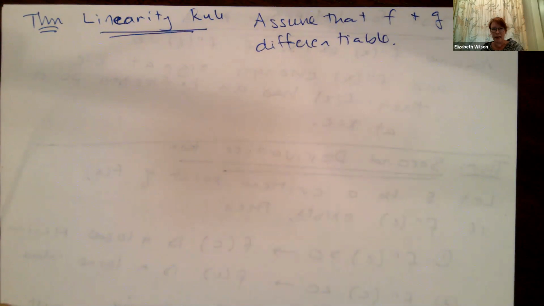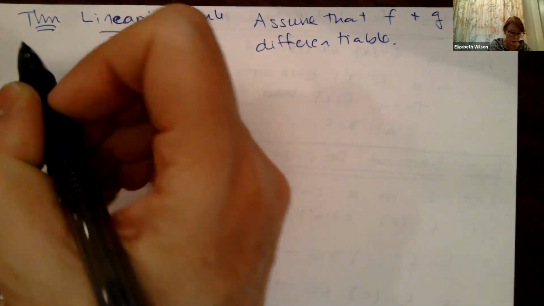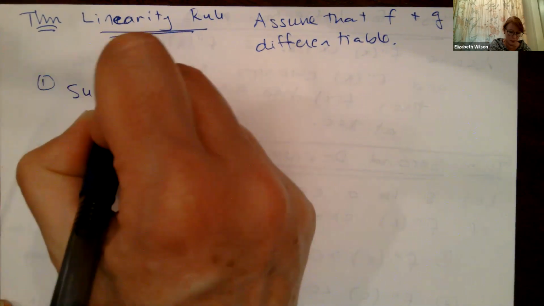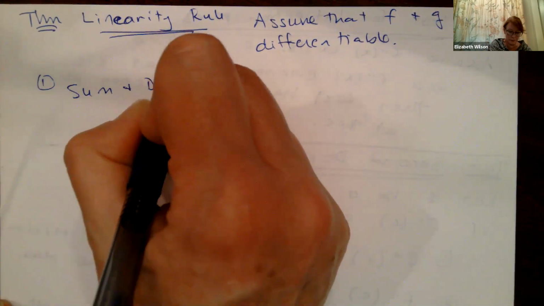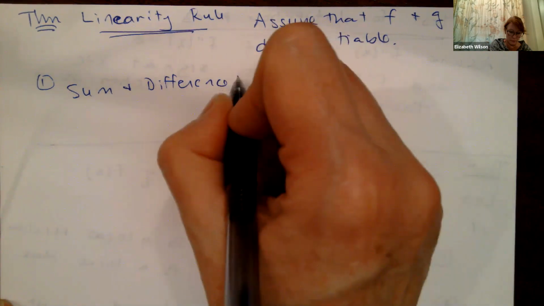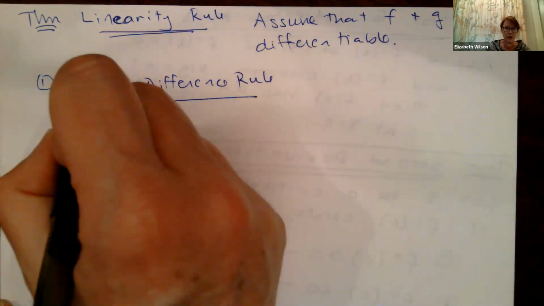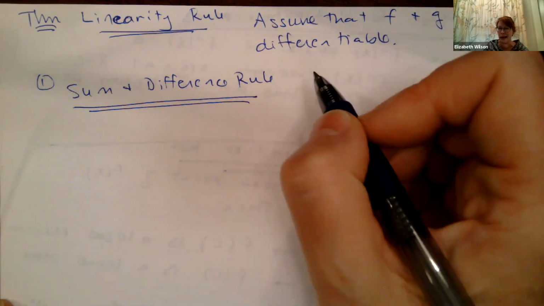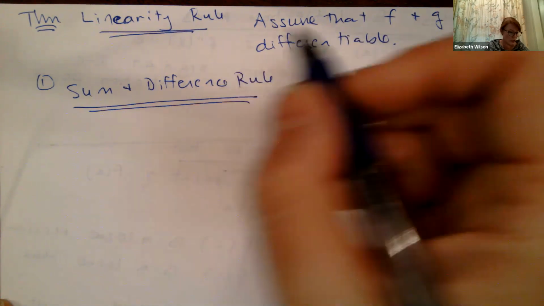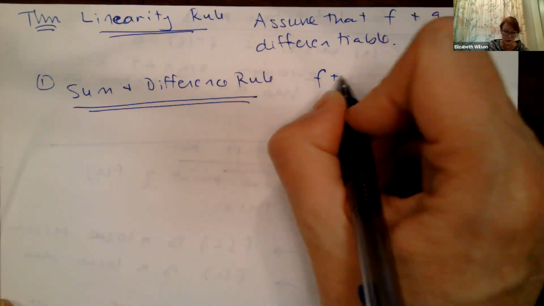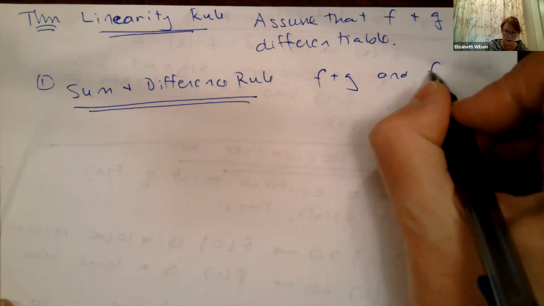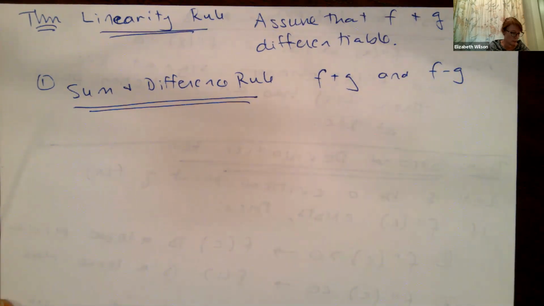They're differentiable already. Okay, we don't have to worry about that. So the first thing I'm going to do is say my sum and difference rule. My sum and difference rule says that if f and g are being added or subtracted together, so this is for f plus g and f minus g. So I'll write it as a plus or minus.